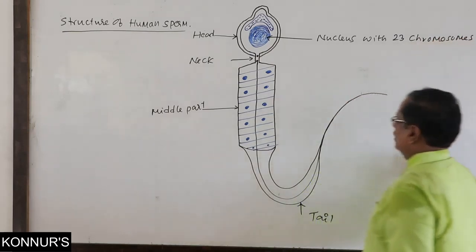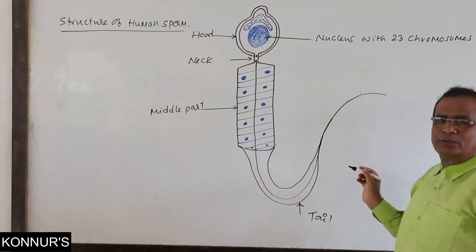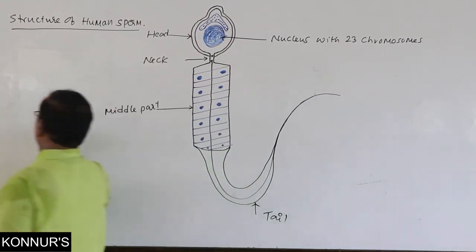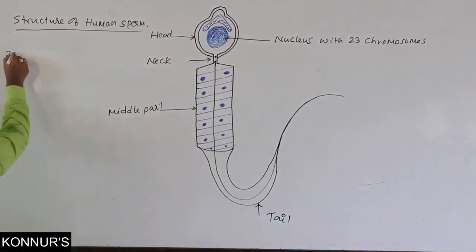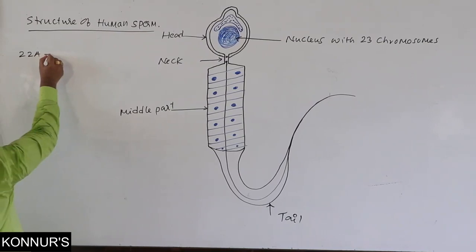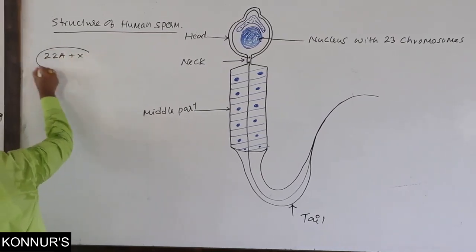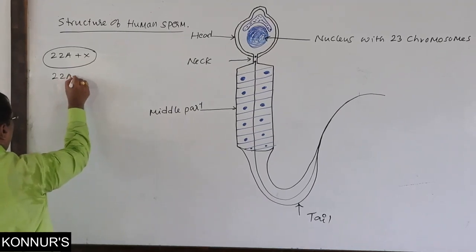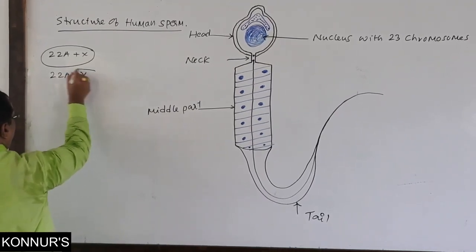It means one set of chromosomes. In that one set of chromosomes, there may be 22 autosome and X, or 22 autosome plus Y.